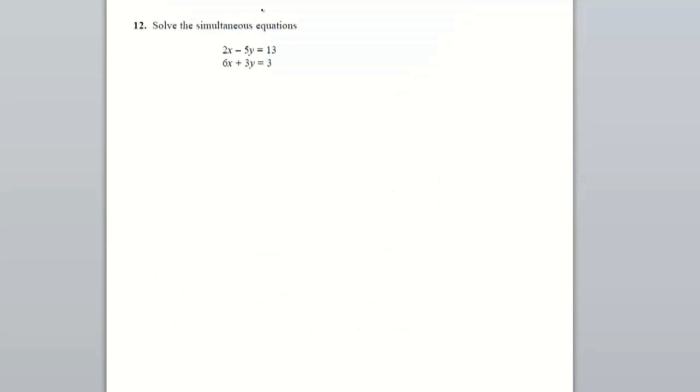Solve the simultaneous equations. Before you dive into these, always look to see which scaling is going to give you the least work. So if I number them, and if I treble that top one, I'm going to get 6x take away 15y equals 39.